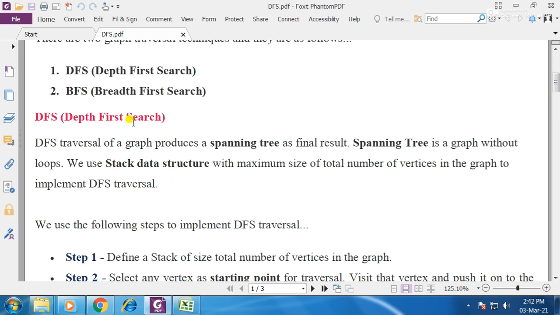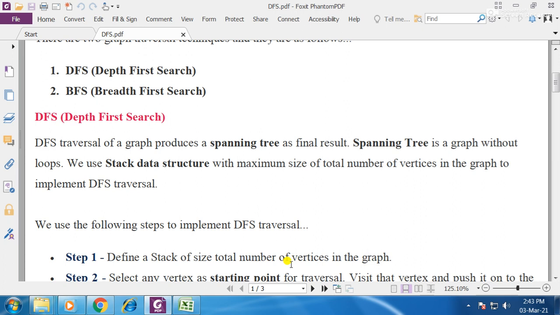Means we have no exit path, आप बाहर नहीं निकल सकते उससे. So that's why it is called a loop in the graph. So in that particular case there is no chance of forming a loop in the graph.